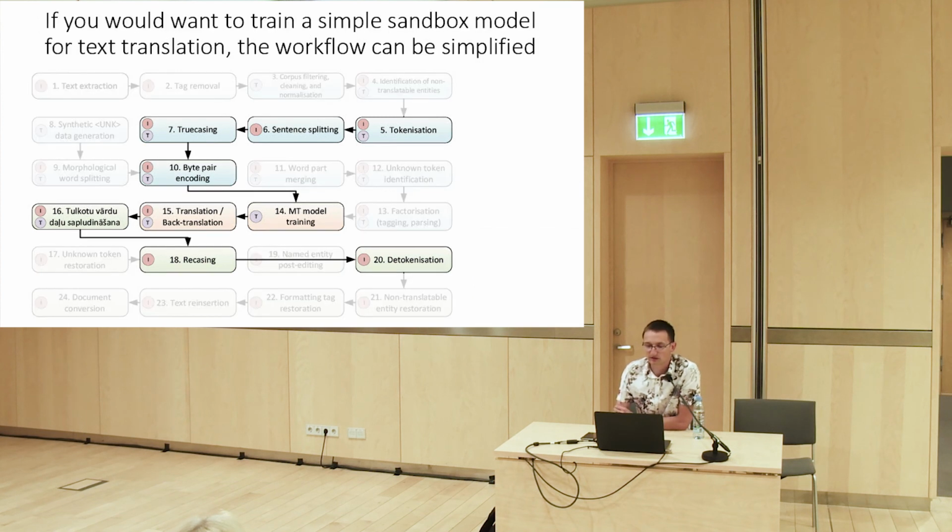So the simple workflow for machine translation would mean that you would tokenize text, split sentences, then true case the text, split the words using byte pair encoding, train a model, and then, if the workflow is translation, you would perform translation, and after translation you would perform the opposite.